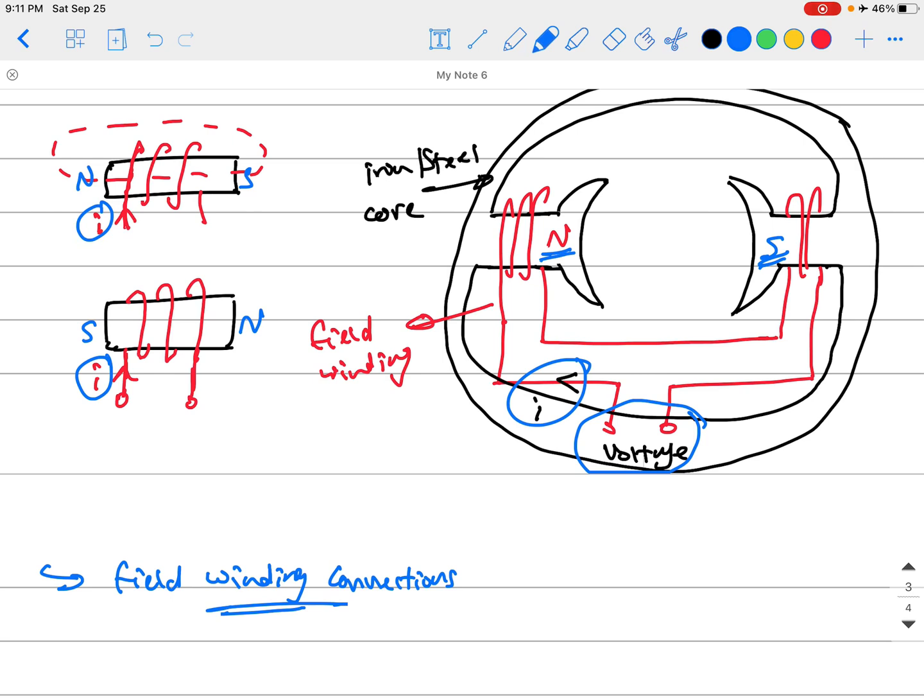We need a magnetic field, so we need to apply voltage to it. Keep that in mind. It doesn't matter if it is a motor or a generator.